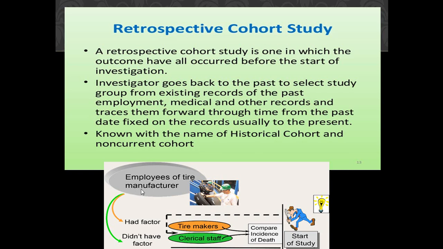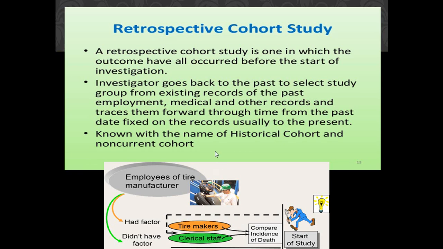As in this study, the employees of a tire manufacturer were checked, whether they had the factor or didn't have the factor. They had the factor, like tire makers, and they didn't have the factor, like clerical staff. Clerical staff are the written staff; they didn't work in the factory, just the written work. And they compare the incidence of death and disease in both groups.